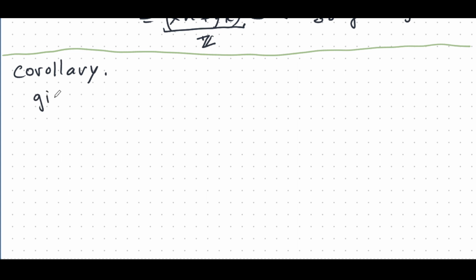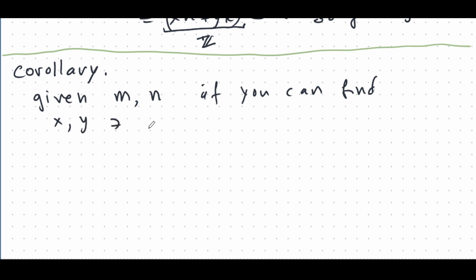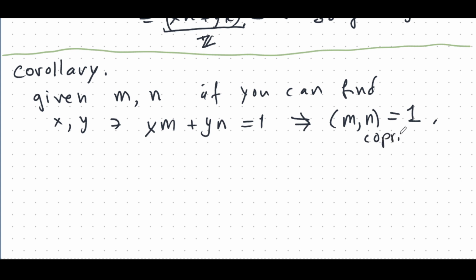Let's say we're given two numbers, M and N. And if you can find X and Y such that X times M plus Y times N is 1, then this implies right away, no more thinking is required, that the GCD of M and N is 1, so they're coprime. I don't have to go further. I can just find one example.